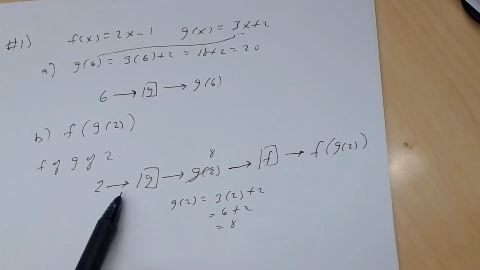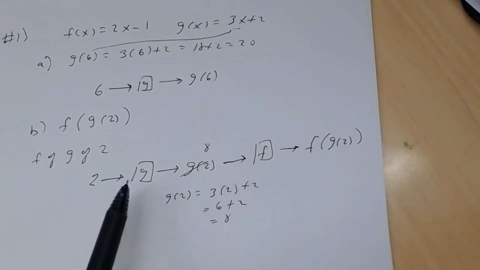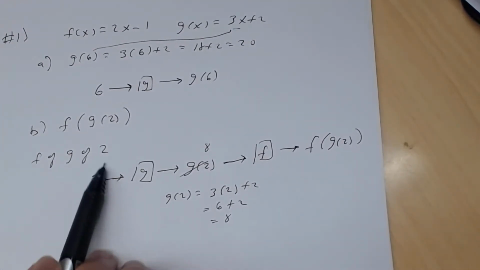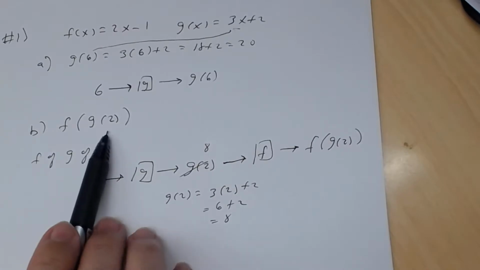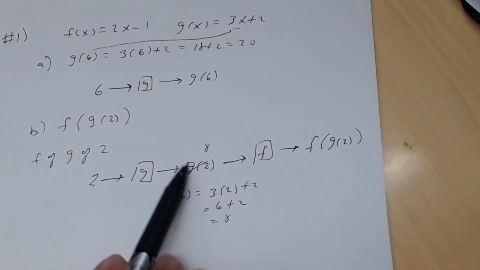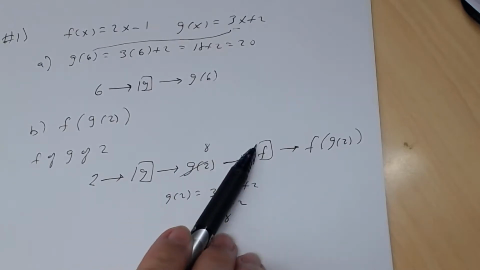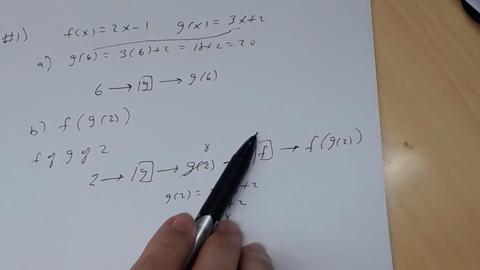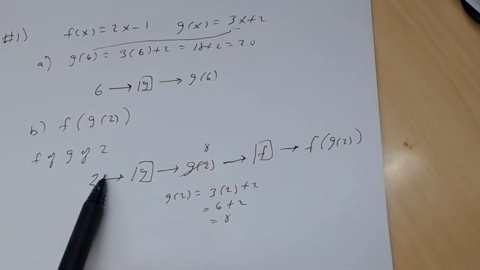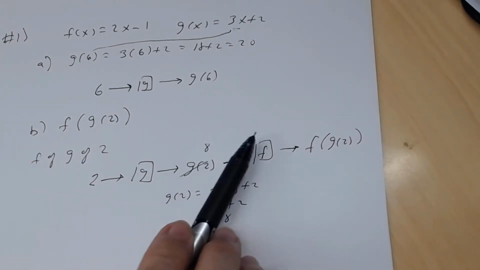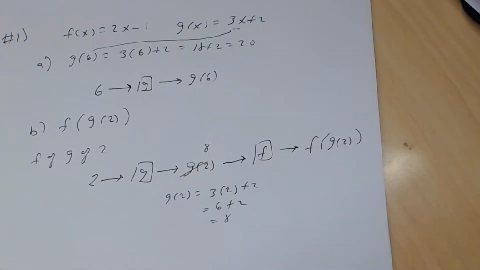That's what that says. So I have some input, 2, that I put into the function g, and that's going to be my output. And that output is now going to be an input into my function f, and I'm going to get an output again. So input, output, input into here, and you get an output.